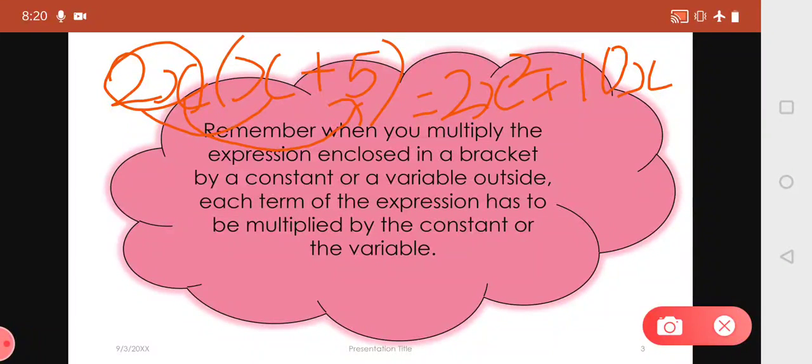So when you multiply the expression enclosed in a bracket by a constant or a variable outside, each term of the expression has to be multiplied by the constant or the variable. You don't have to only multiply the first term of the bracket with the outside value.